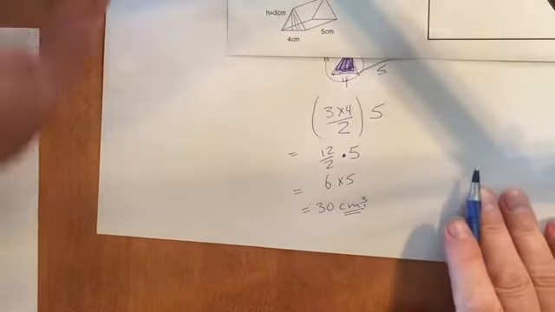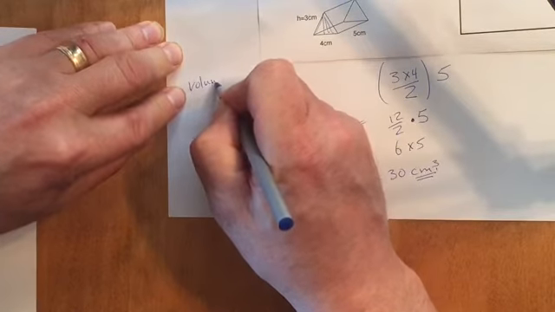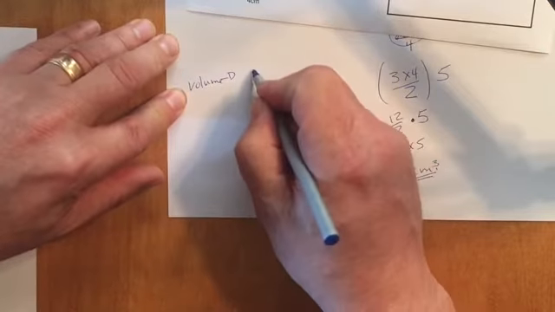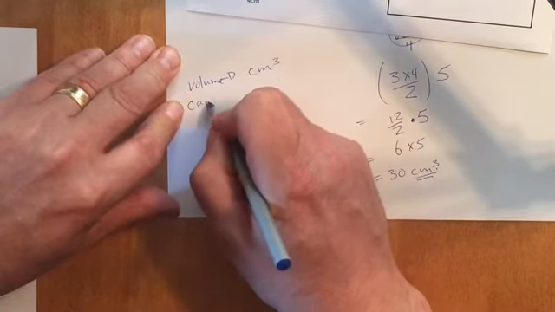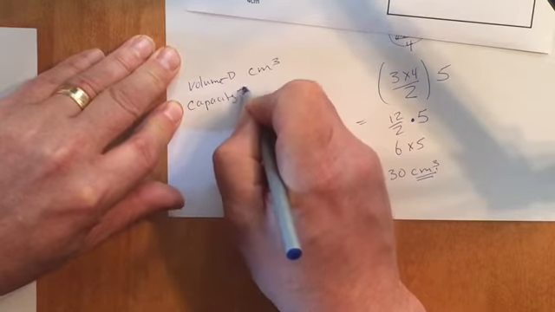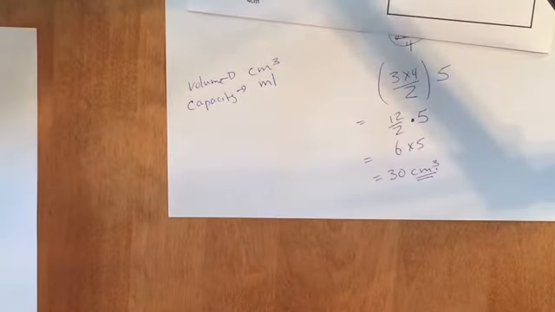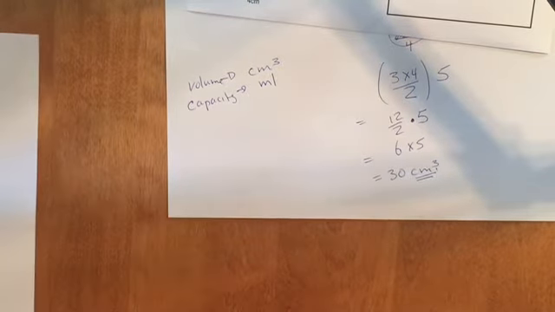One other thing that's not on here that we talked about briefly is the difference between volume and capacity. Volume is measured in centimeters cubed, but capacity uses the units milliliters. Luckily, 1 milliliter equals 1 centimeter cubed.